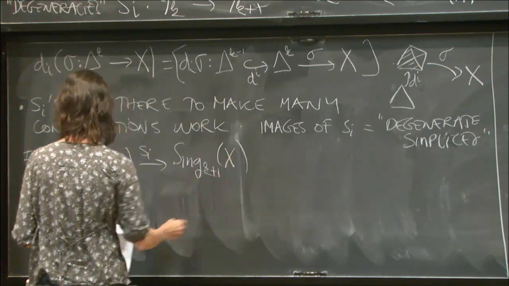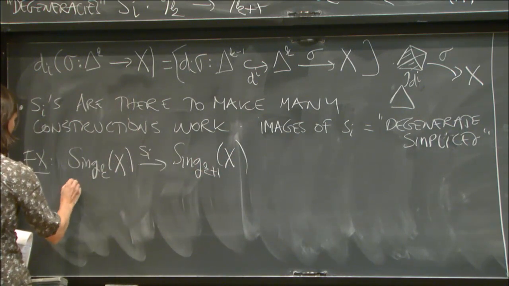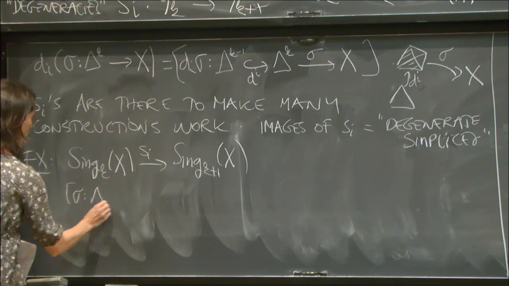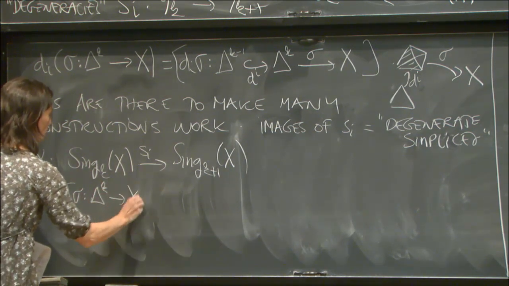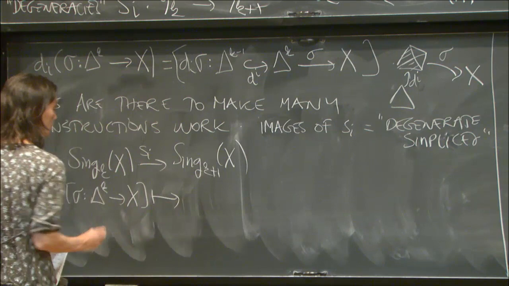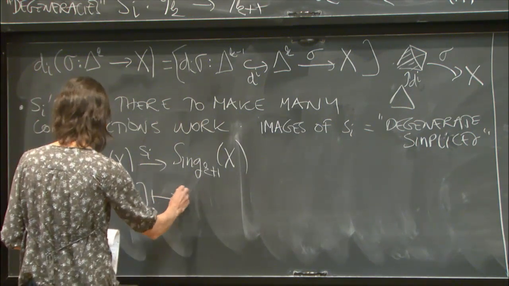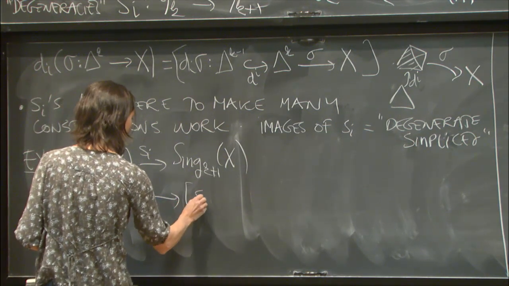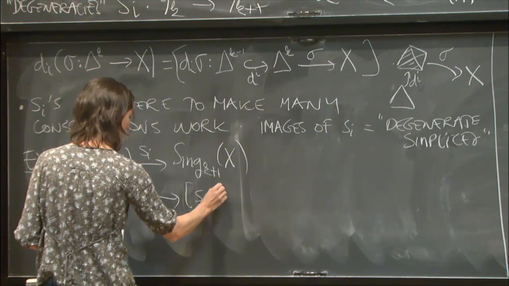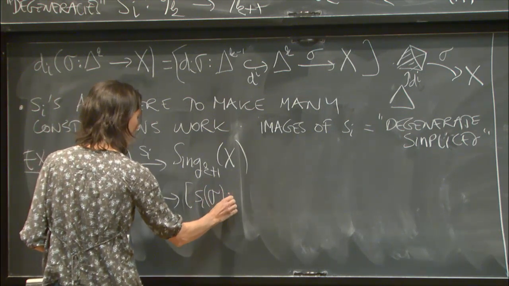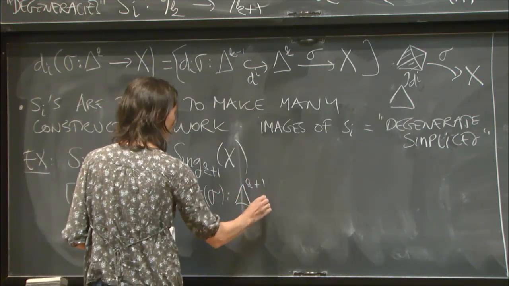Take s_i from X_k to X_{k+1}. What is it? Of X, it's going to be, again, a precomposition. I have a map sigma from delta k to X, and I'm going to create a map from delta k plus 1, s_i of sigma.